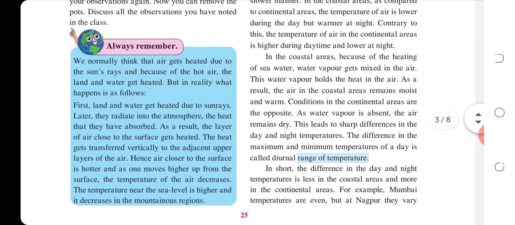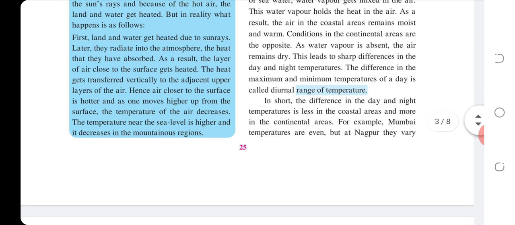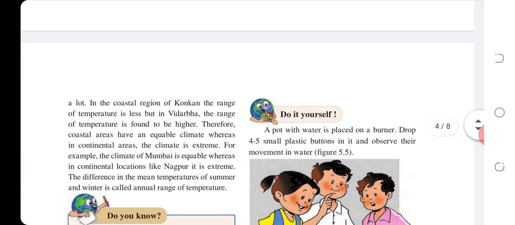The difference in maximum and minimum temperature of the day is called diurnal range of temperature. In short, the difference in the day and night temperature is less in coastal area and more in continental area. For example, Mumbai temperatures are even, but at Nagpur they vary a lot.